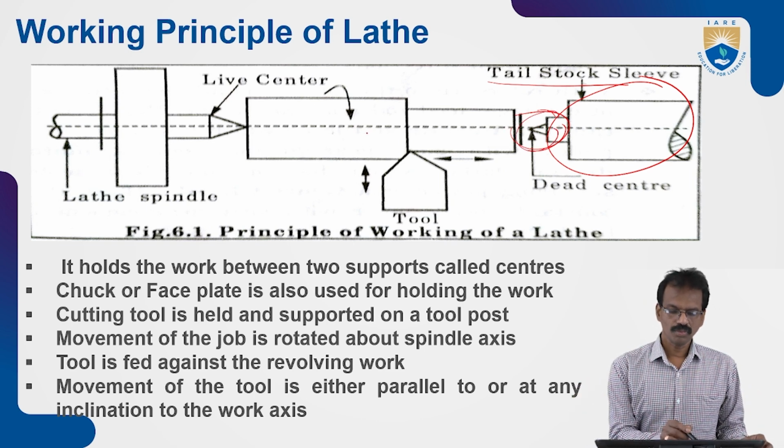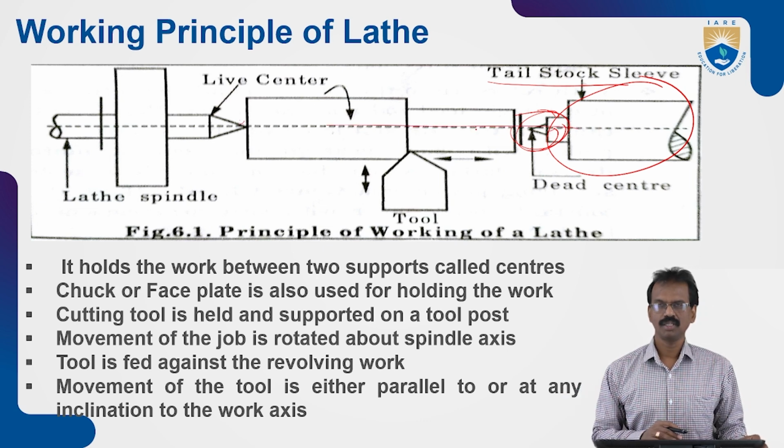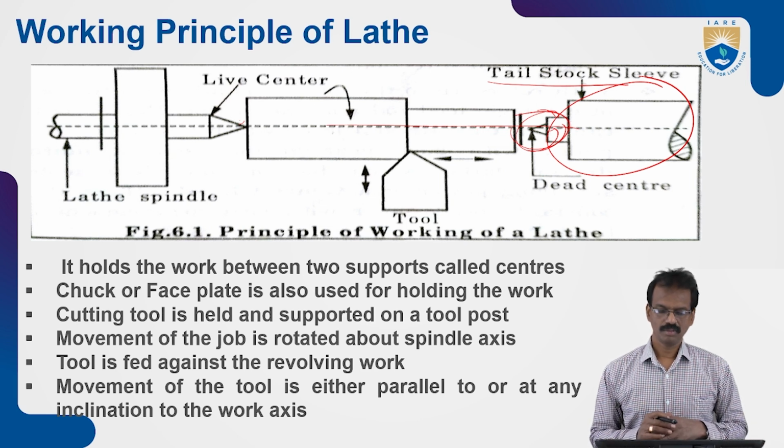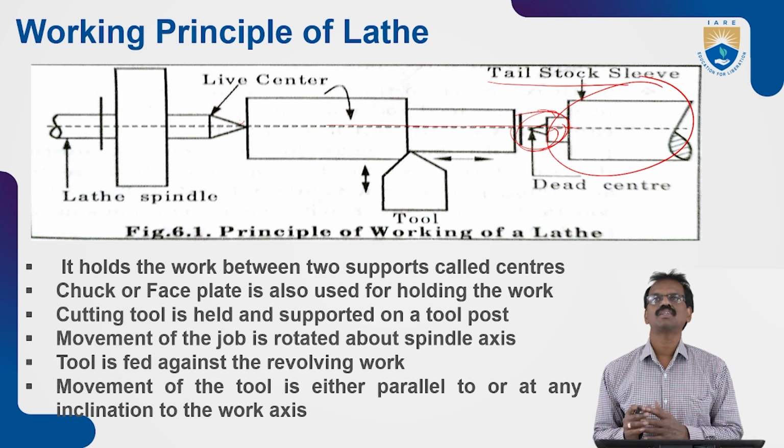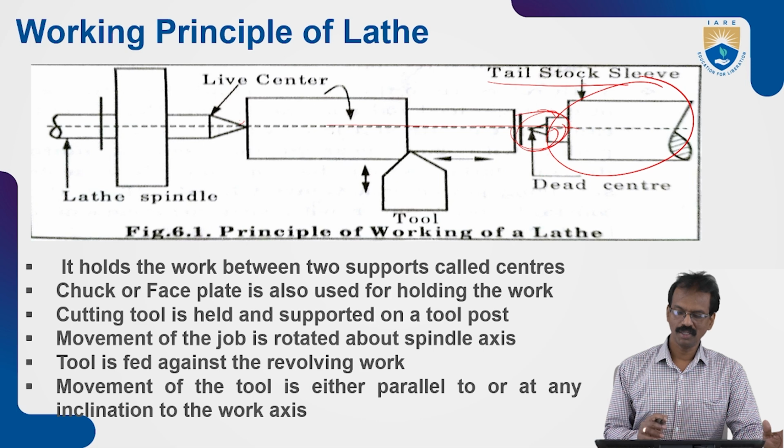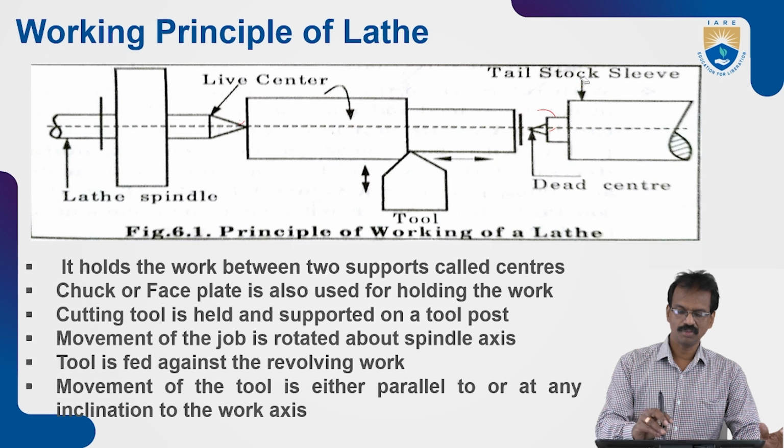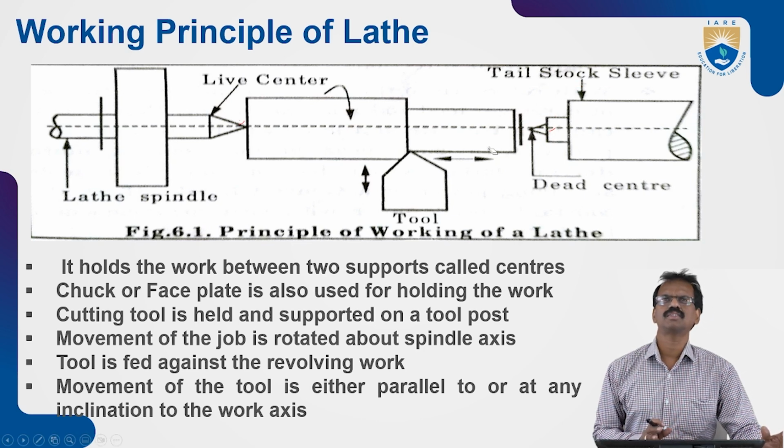The live center and dead center should be on the same axis. How to set the workpiece properly between the live center and dead center is the important setting of the workpiece.